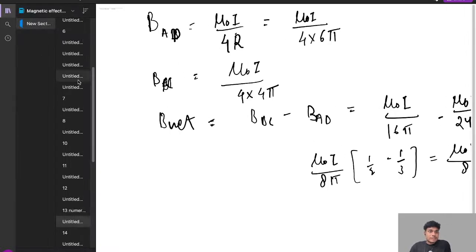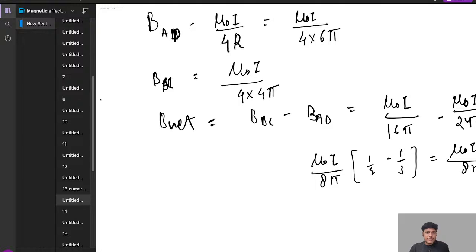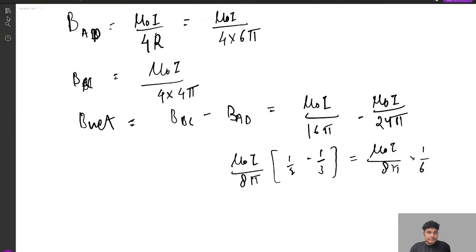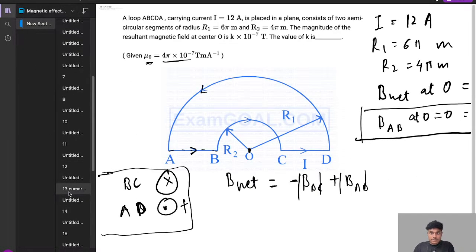Understand? Now move to the next question. ये सब सिंपल टाइप के क्वेश्चन हैं, इसको आप आराम से कर सकते हैं. अच्छा, वैल्यू पुट करना है ना. एक सेकेंड, let me solve this. What is the value of mu naught, that is 4 pi into 10 raised to power minus 7. What is the current? I think 10 था. 12.